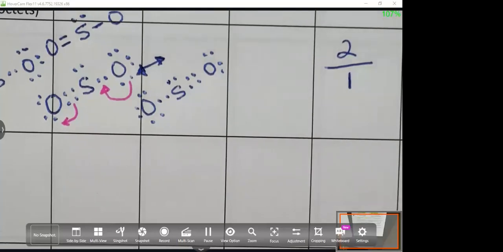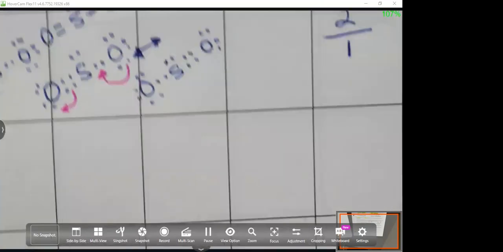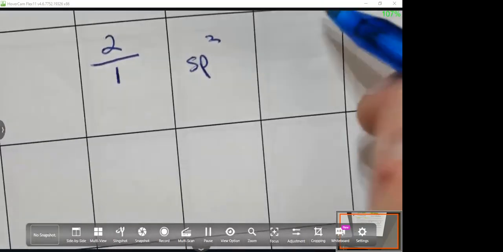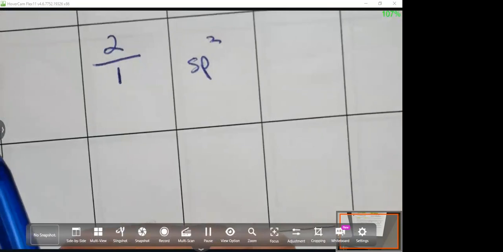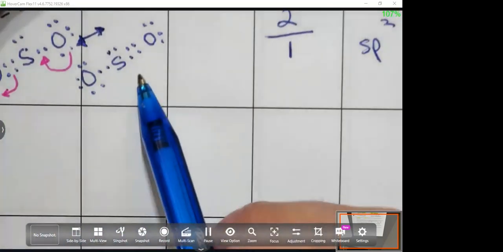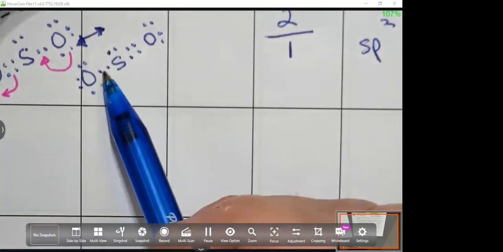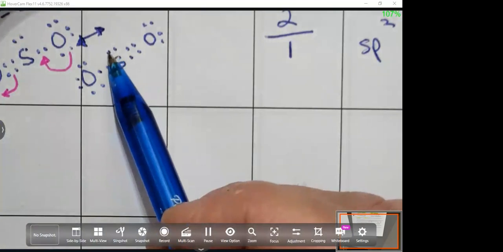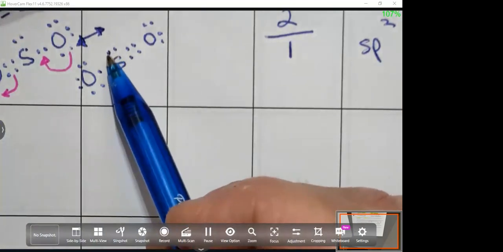SP2, right? I'm just following my blue sheet, the 2, 1. What is my electron pair geometry? How many possible bonds would I have? 1, 1, 1, right? That's going to be 3 if there was a bond for this pair. So you consider that a 3, 0.